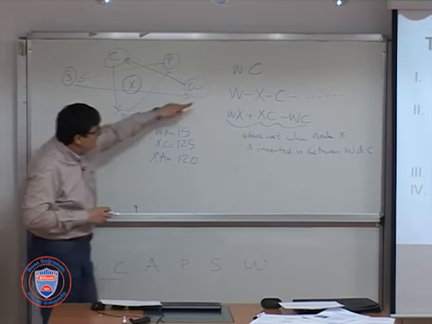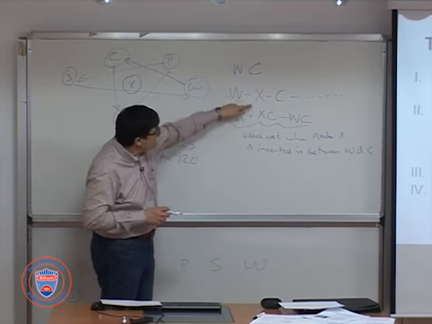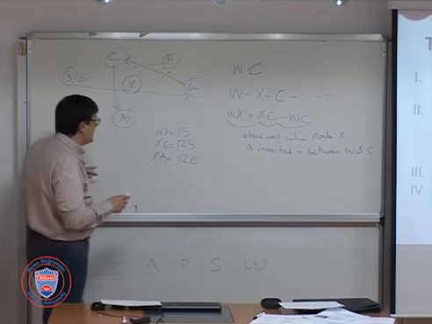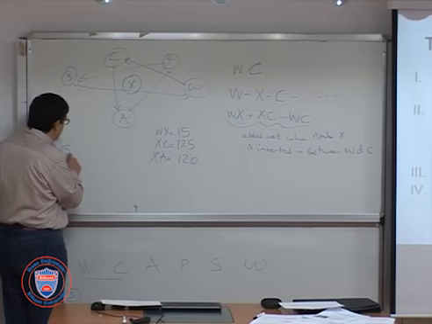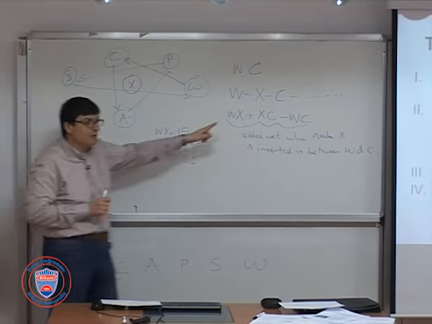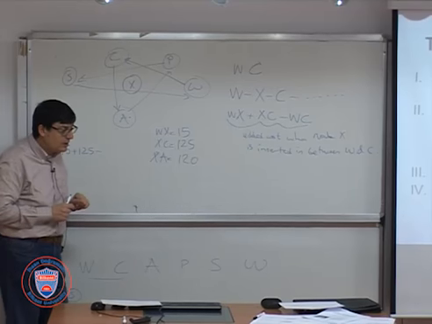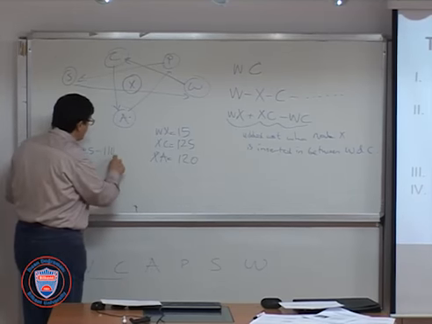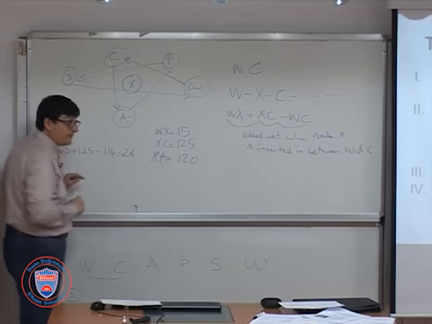So now, what I am doing is I am going to insert x in between WC. So the cost that I'm going to incur would be 15 plus 125 minus what was the value of WC in the original network? 114. So this is going to cost you 26.